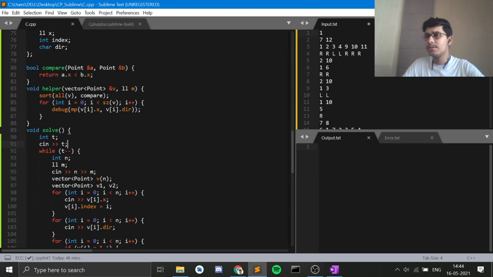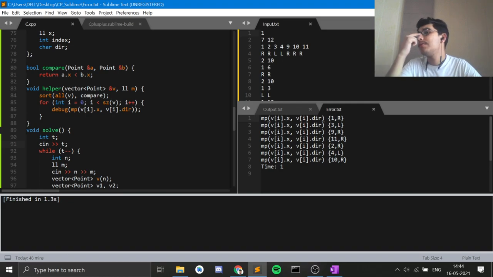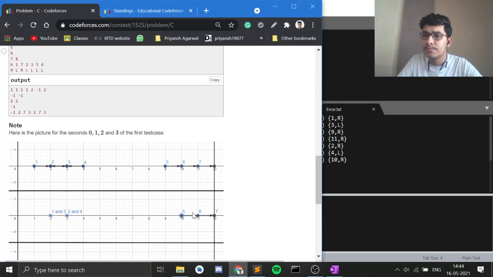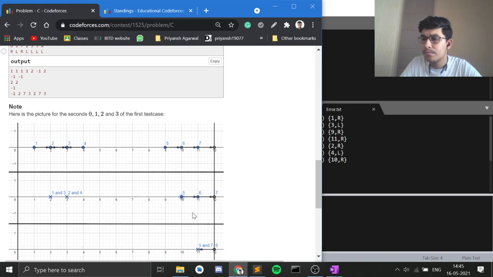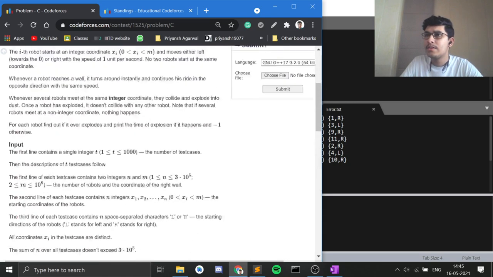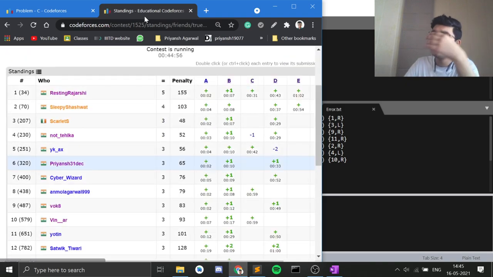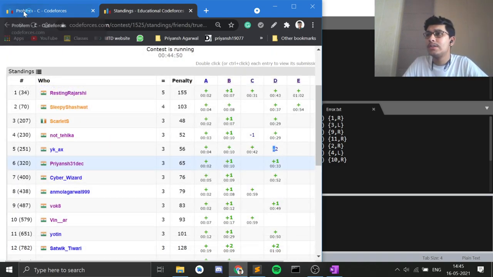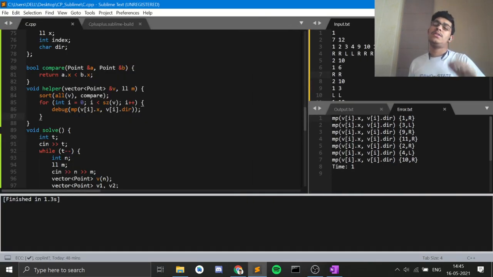It will be easier to debug. Right, so you have 1 and R, 3 and L. Okay, now these are separated. So it is pretty clear that only the points that have the same parity, they will only intersect. That is fine. Now how do I just sort of get the answers?